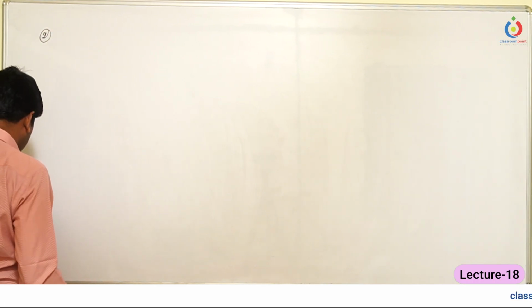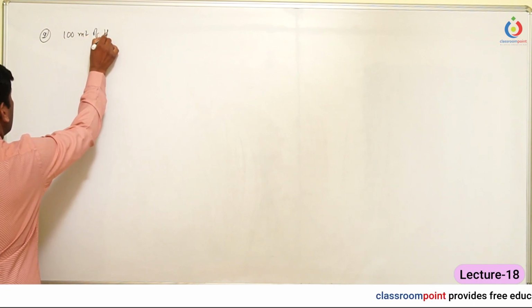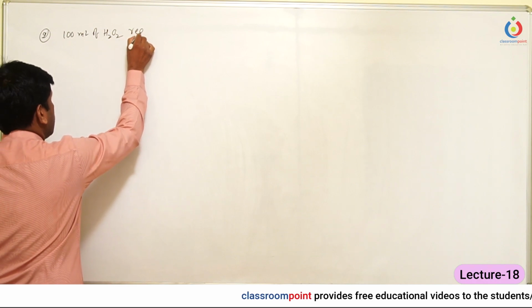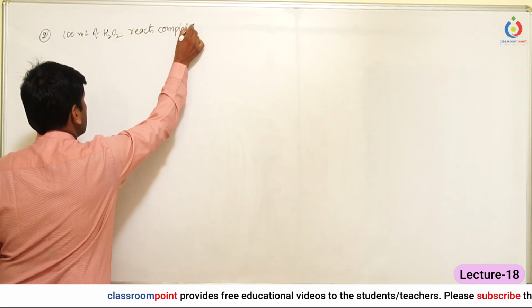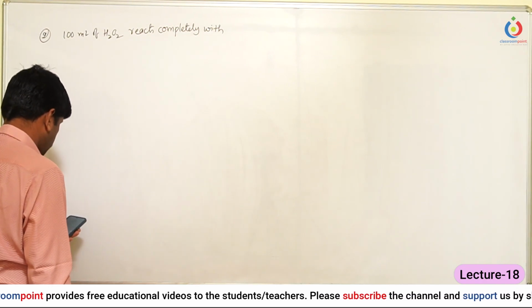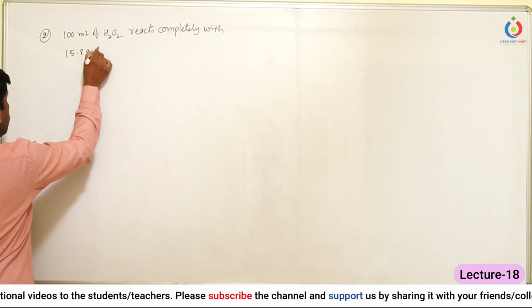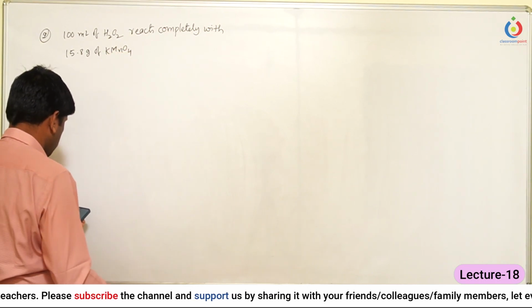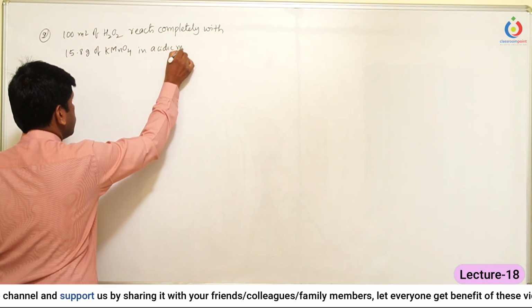So the second question is: 100 ml of H2O2 reacts completely with 15.8 grams of KMnO4 in acidic medium.